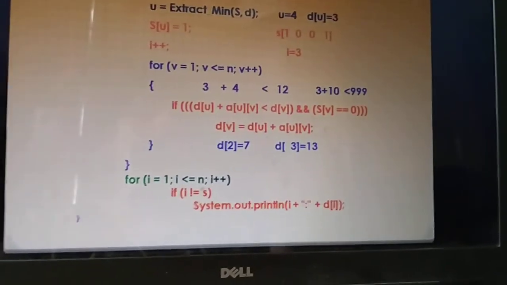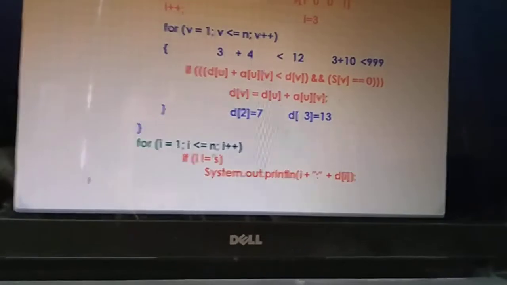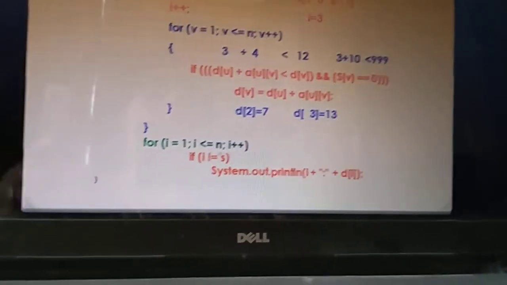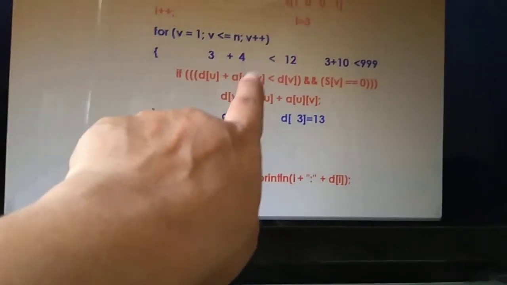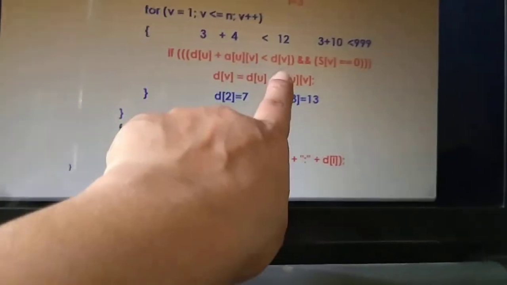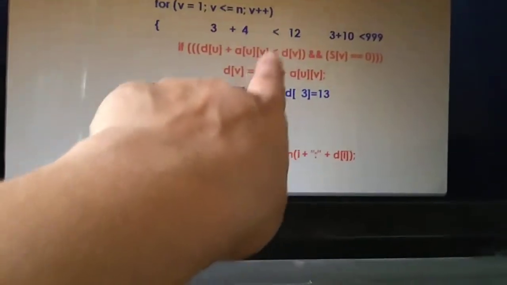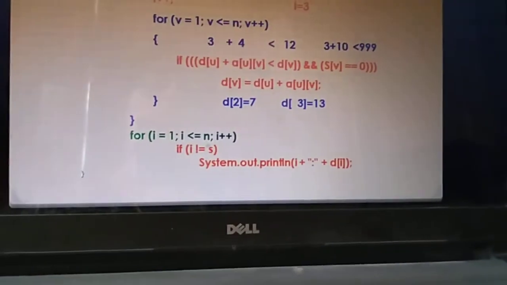Once I find the U, then through U to the other unvisited vertices, can I reduce the previous distance? That you are checking here. Yes means you reduce it, otherwise keep the previous value. Like that, this function will be working.